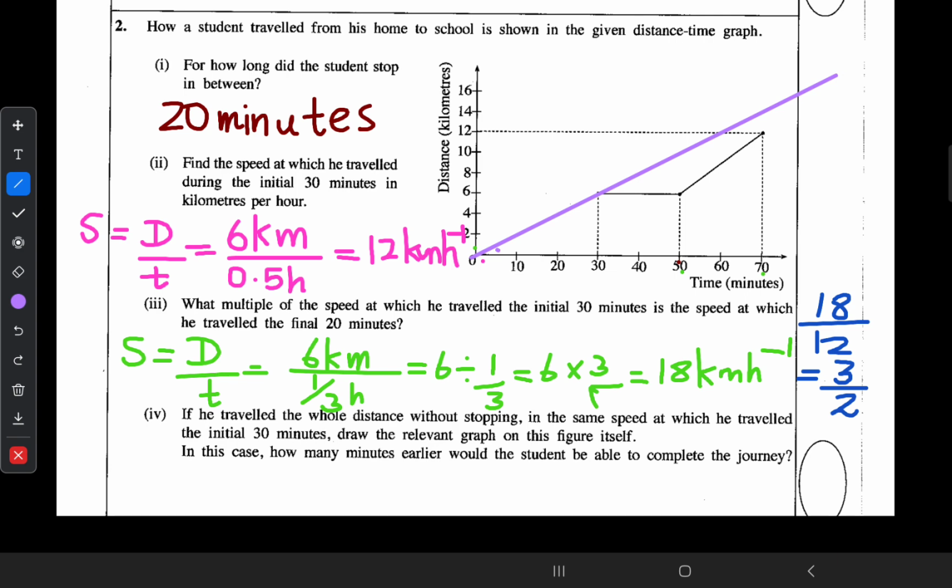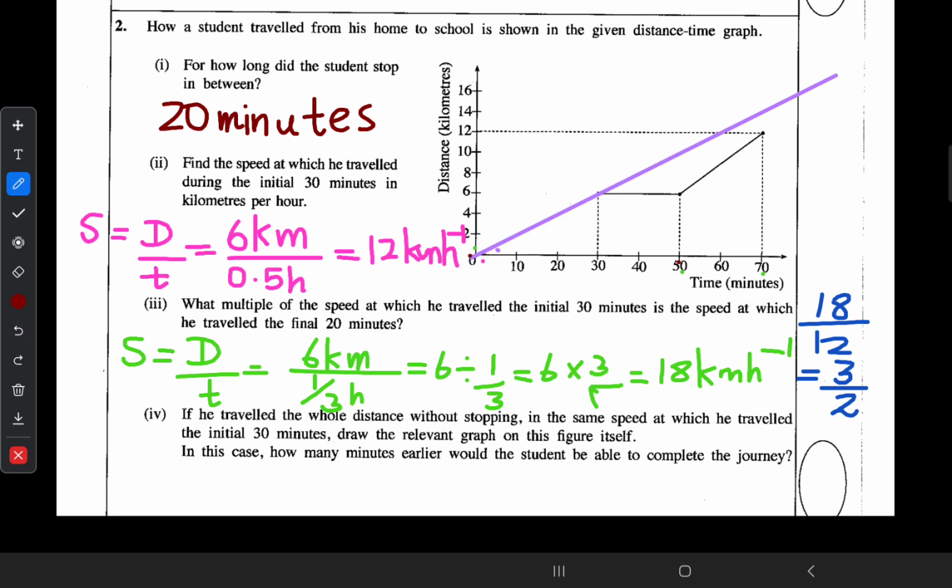Then, in that case, how many minutes earlier would the student be able to complete the journey? Without stopping means do not consider both speeds and the region of stop. You should consider the total one.